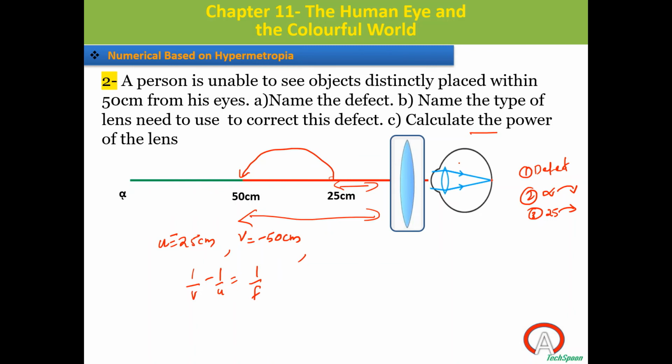So the far point is shifted in myopia. In hypermetropia, we cannot see anything near, we can see far. That is hypermetropia, long sight. Why can we not see anything near? Because the near point is shifted. So here 25 centimeter has shifted to 50 centimeter. Okay.